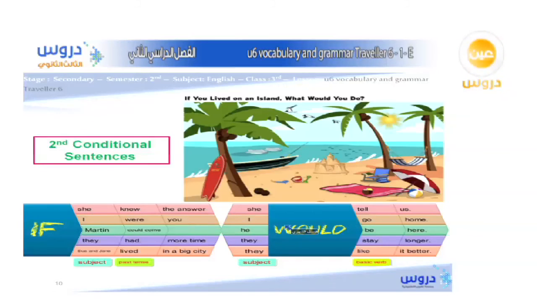If I were you, I would go home, for example. If Martin could come, he would be here. If they had more time, they would stay longer. And the last sentence, if Sir and Jane lived in a big city, they would like it better. Okay?